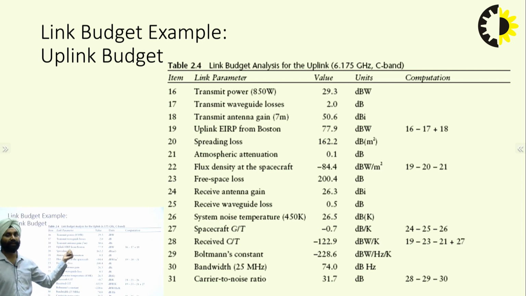The uplink EIRP from the Boston place is given, spreading loss is given, atmospheric attenuation is required, then flux density at the spacecraft, free space loss, receiving antenna gain, then receive waveguide loss, system noise temperature, the spacecraft signal to noise ratio, the receiver carrier to noise temperature, Boltzmann constant, the bandwidth, and carrier to noise power are required.